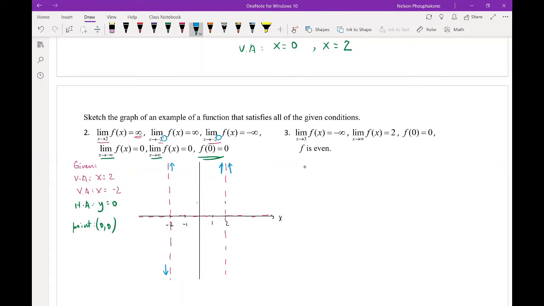Then we have the horizontal asymptote here. Now, one thing about this is I know that in the long run, the function is getting closer and closer to y equal to 0. Same thing here.